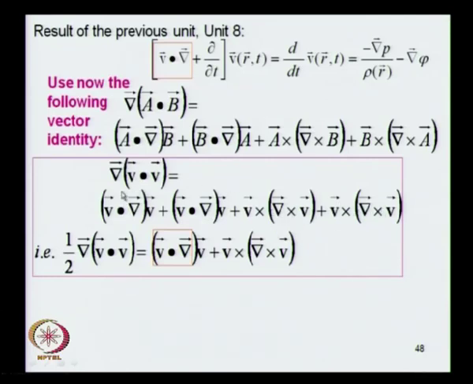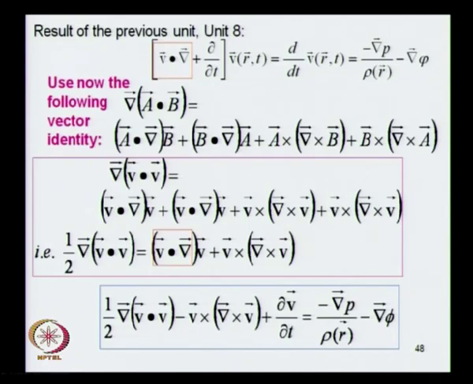So, if I divide both sides by 2, I get half of the gradient of V dot V, which is equal to V dot del operating on V plus V cross curl of V. So, this is an identity that I will make use of.